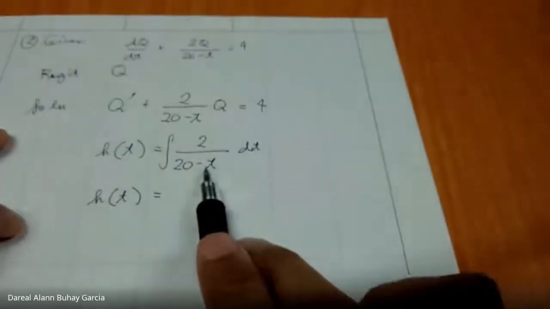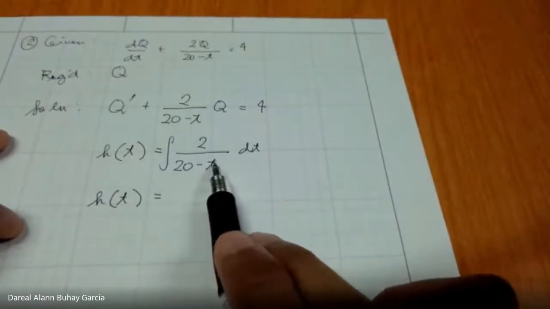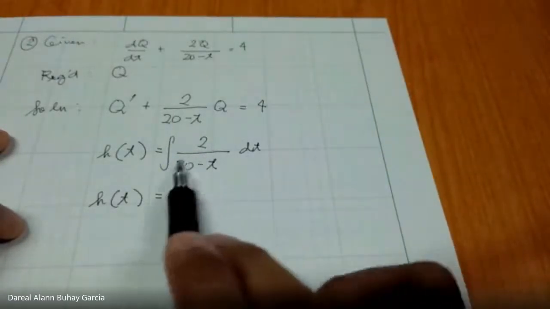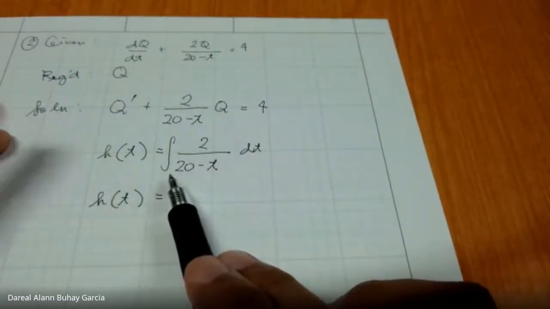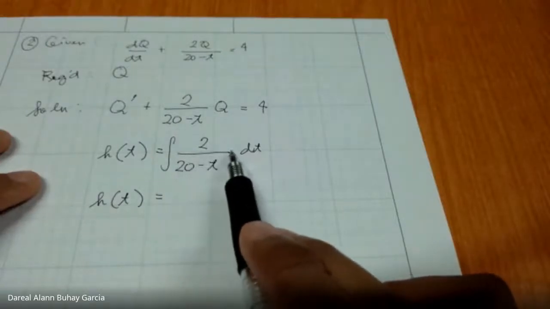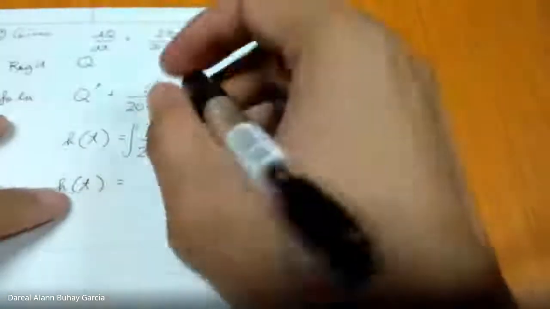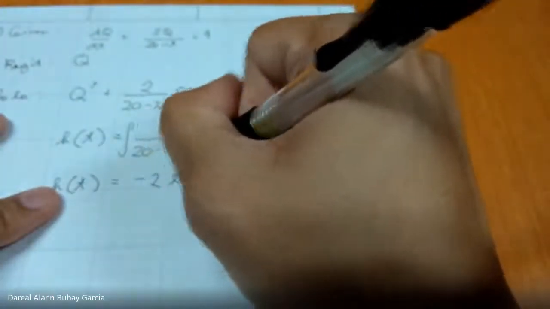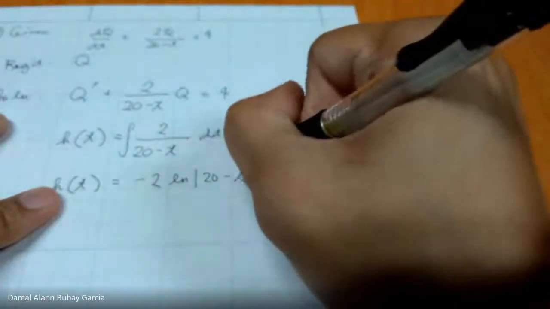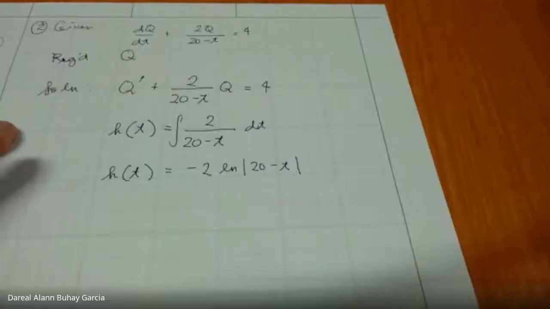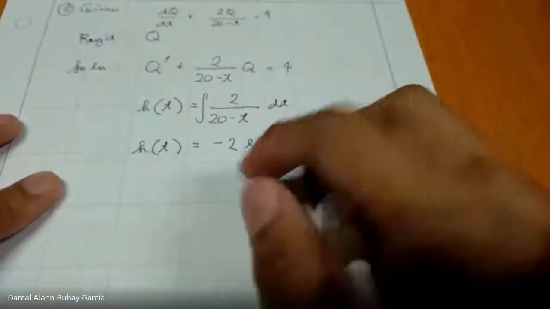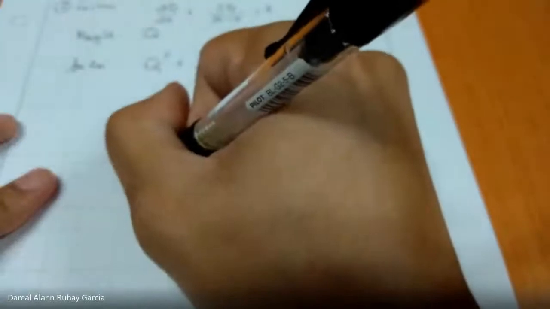If we use u first, u is this. Since t is negative, the negative comes out. So this becomes negative 2 times du over u, which is ln. Check if I integrated correctly. Negative 2 ln 20 minus t. Correct, sir. I hope so.